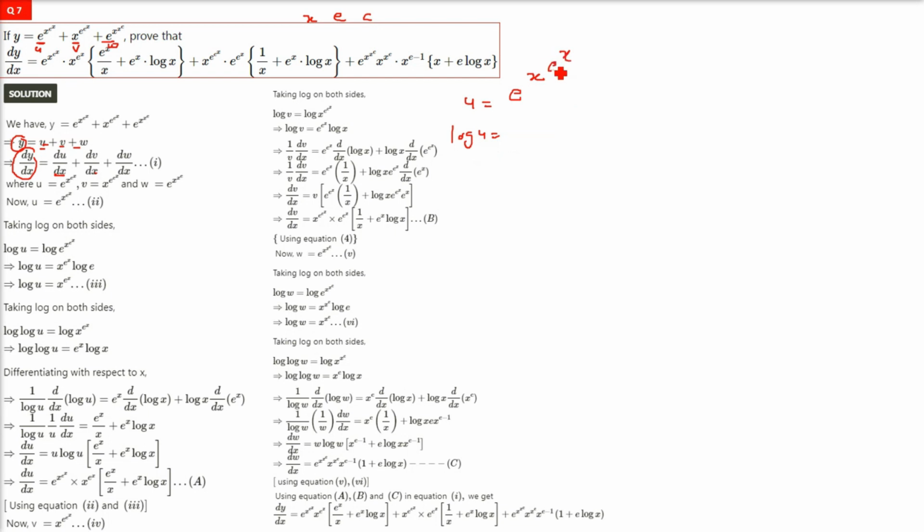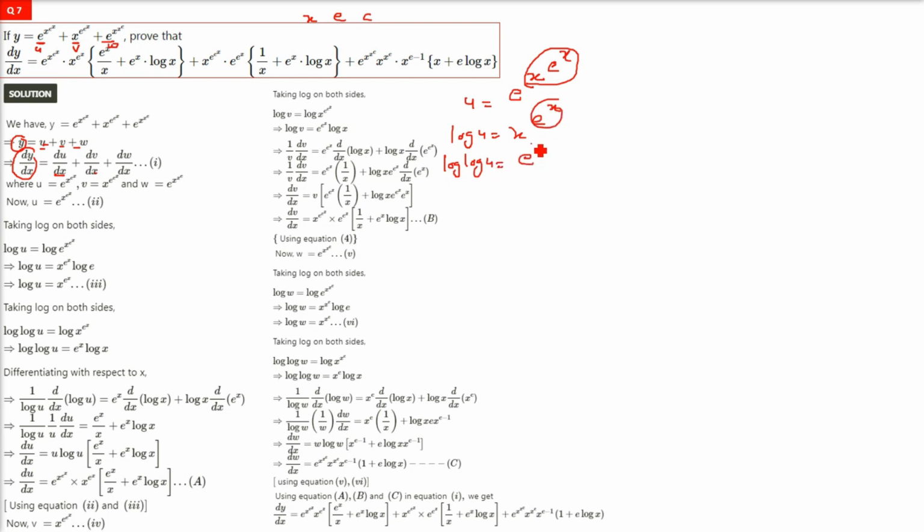So as I suggested, it is e to the power x to the power e to the power x. So we have to take multiple logs. The best way is to take log. Log u, the power will come in front, x to the power e to the power x, and log e is 1, so we'll not write that.